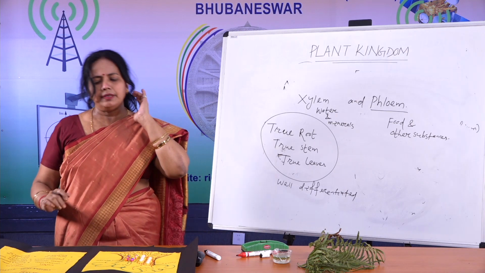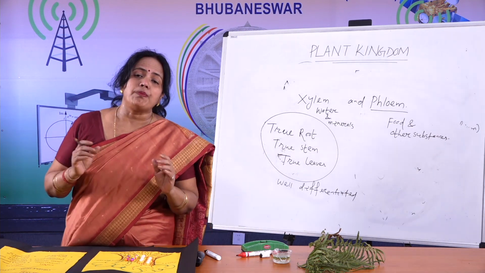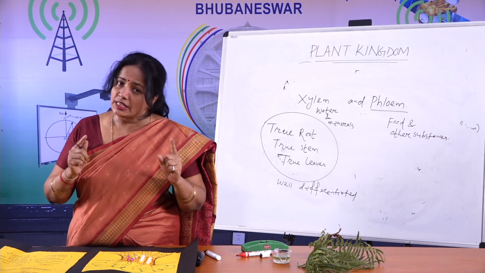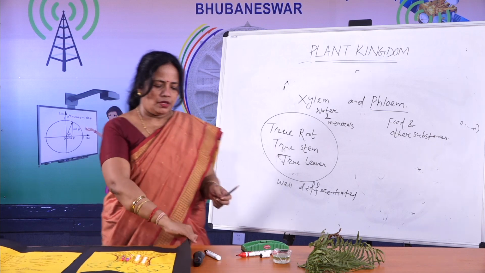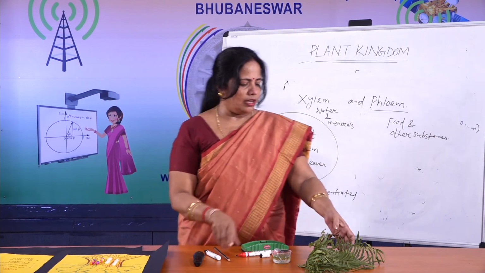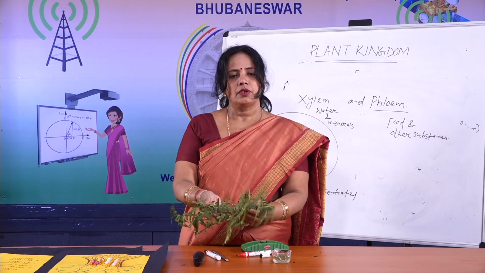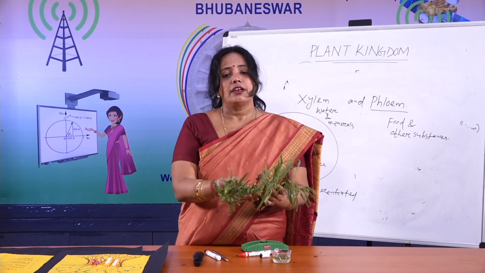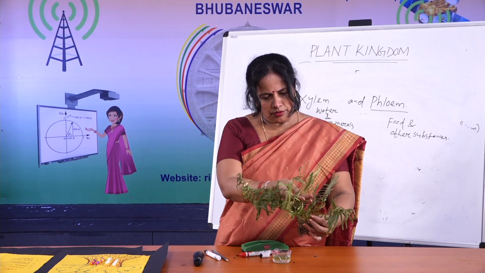So definitely it is a very important step in the evolution of plants. Pteridophytes are the first land plants to have these conducting tissues. Now I have brought one very common pteridophyte, fern. Fern is a pteridophyte.